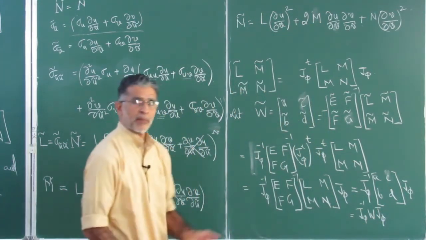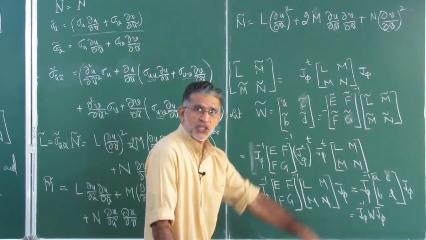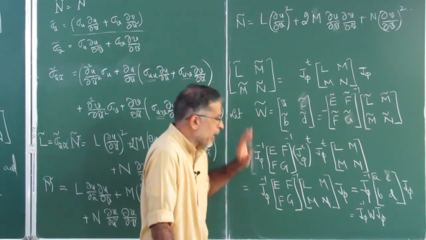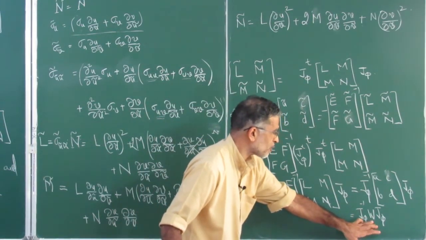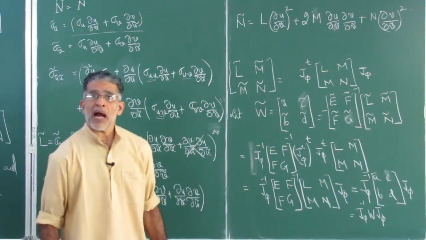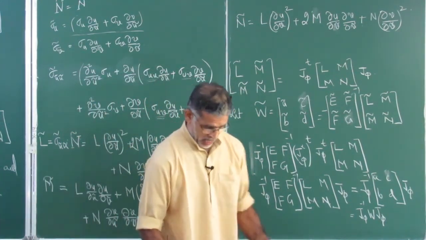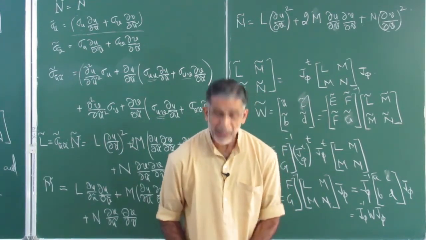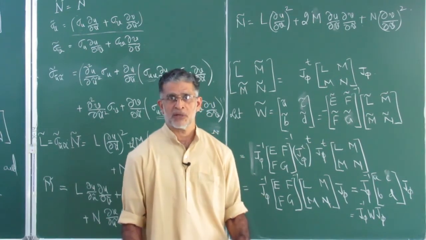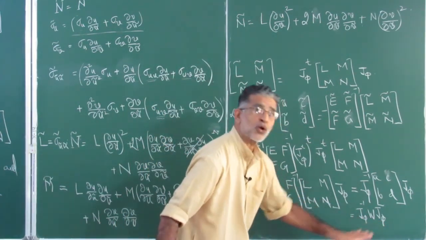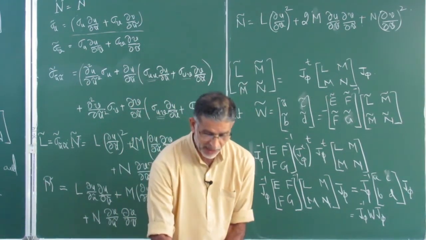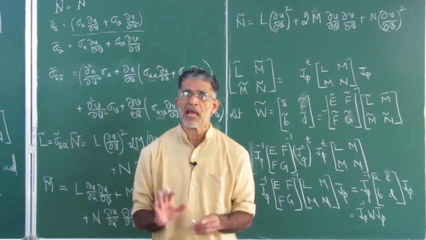So if you change the parameterization, then the new Weingarten map is related to the other one by a similarity. So the Weingarten maps of two different parameterizations are similar matrices at every point. And similarity relation also, we know it. So similar matrices have a lot of advantages. Therefore, we may not get the same matrix.